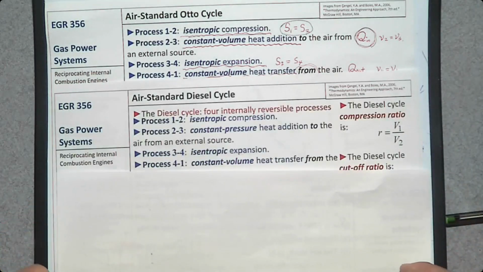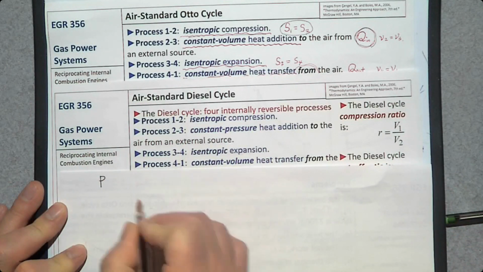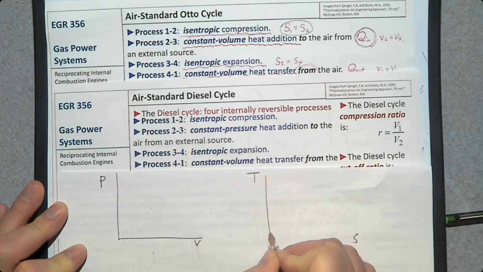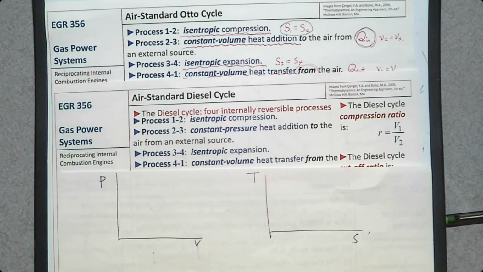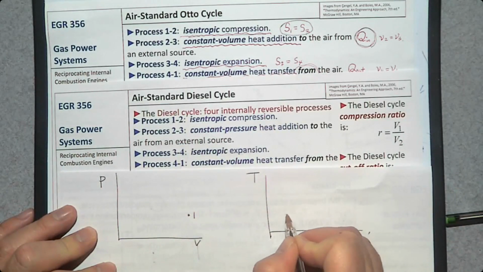Then, how can we come up with PV and TS diagram? On the left-hand side, we have PV diagram. On the right-hand side, we have TS diagram. The starting point is always the same. Number one here, number one here.